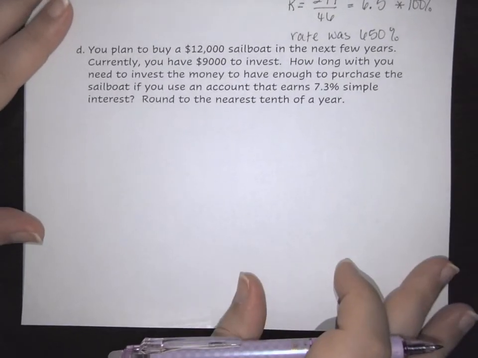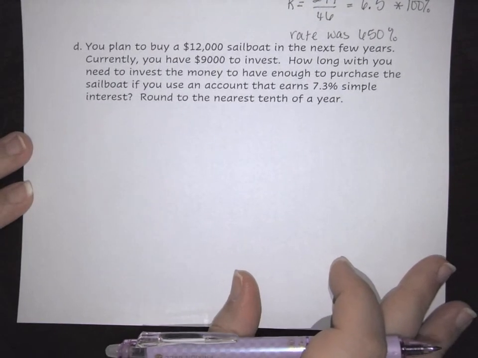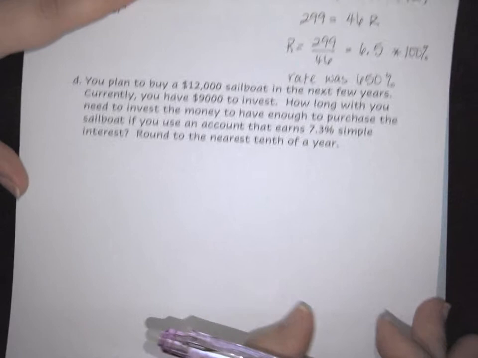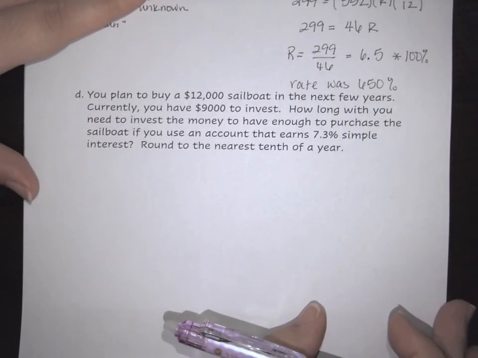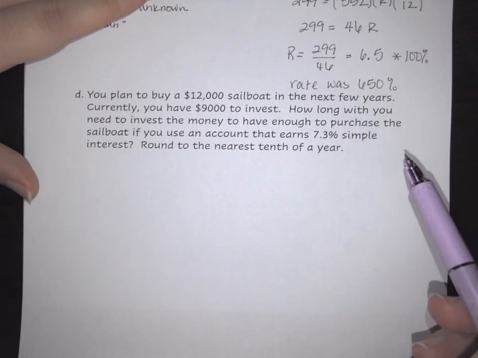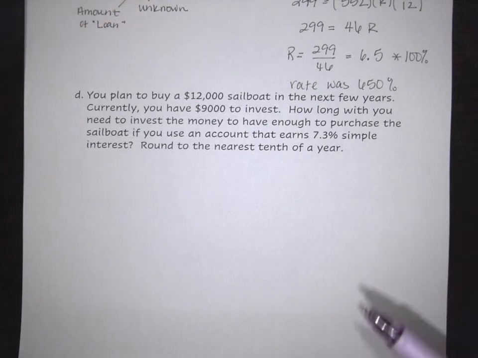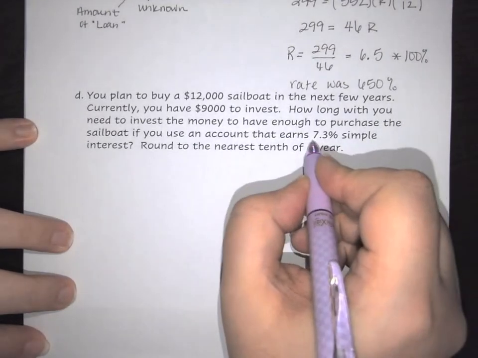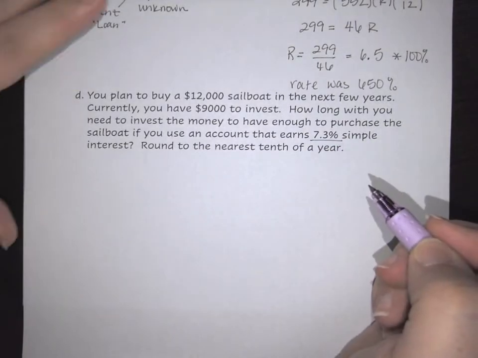All right, last, what happens if we plan to buy a $12,000 sailboat in the next few years? We currently have $9,000 to invest, and we want to know how long we will need to invest the money to have enough to purchase the sailboat if we earn 7.3% simple interest.